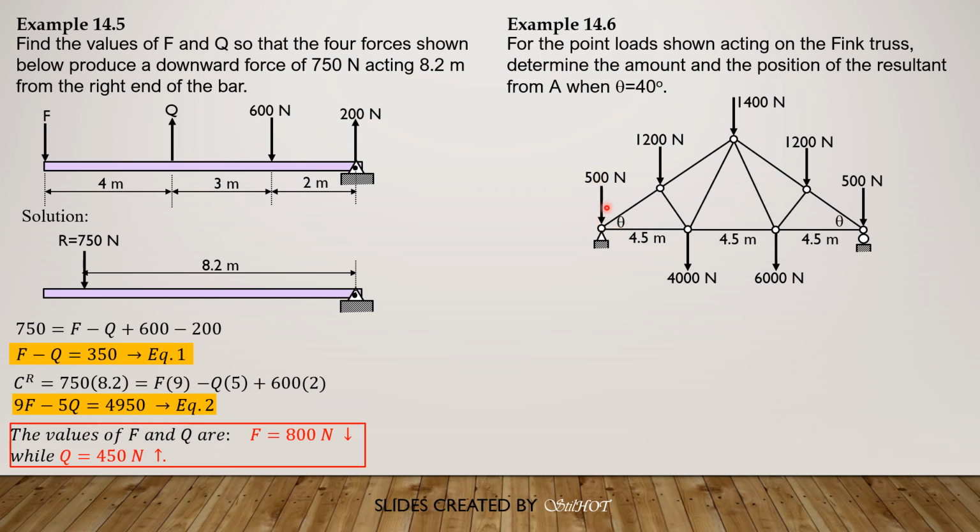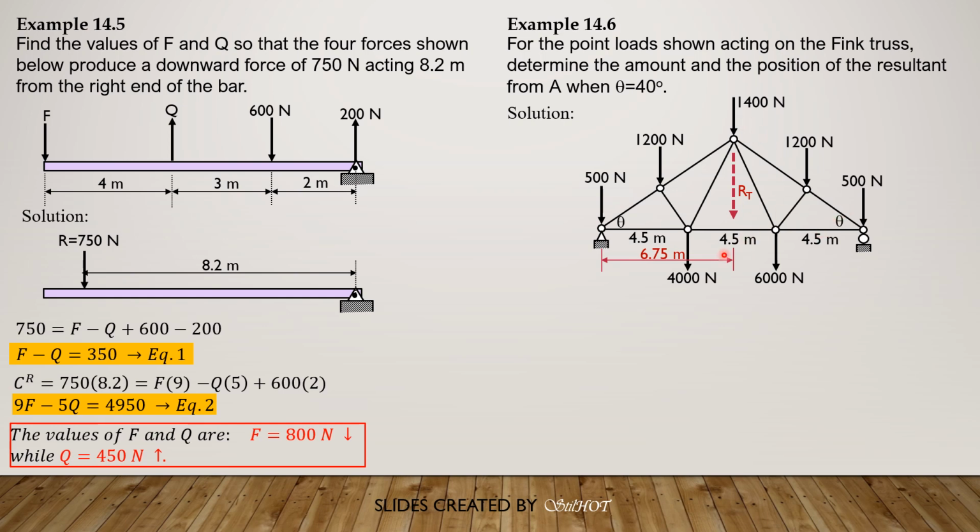So these upper downward loadings can be represented by a single force acting at the center portion, same as the point of application of 1400. So we will call that R1 or RT, R of the top chord forces.